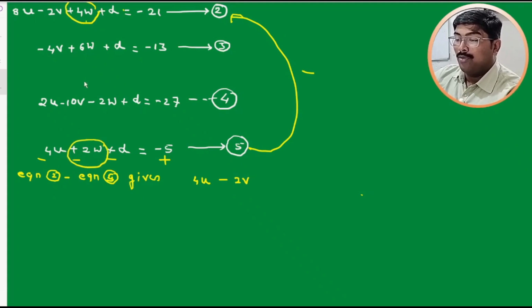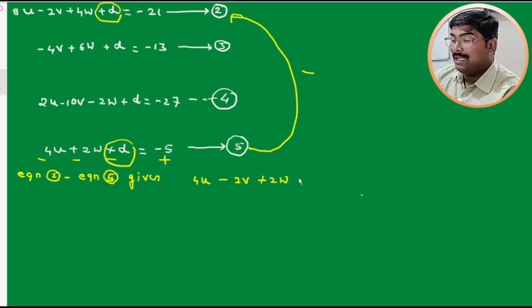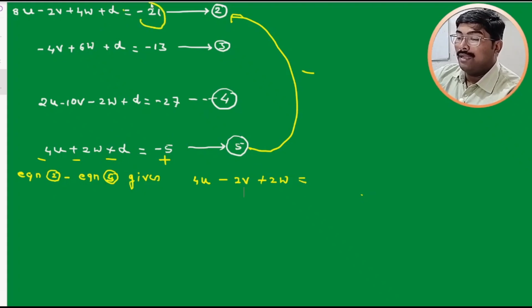So 4w minus 2w, you will get plus 2w. From equation 4 plus d, and from equation 5 after subtracting you will get minus d, plus d and minus d get cancelled, is equal to, right hand side we have minus 21 and after subtracting we have plus 5, minus 21 and plus 5 is equal to minus 16.